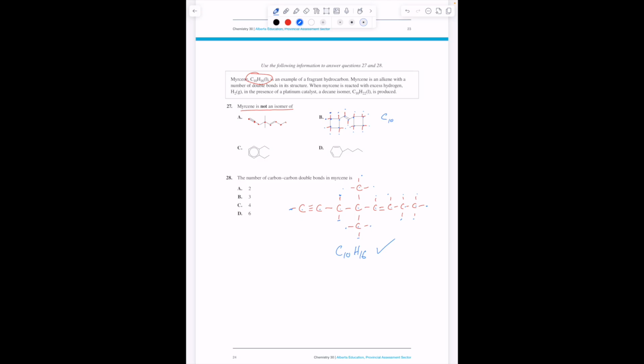1, 2, 3, 4, 5, 6, 7. It's going to get confusing. I've got too many blue dots. Okay. 1, 2, 3, 4, 5, 6, 7, 8, 9, 10, 11, 12, 13, 14, 15, 16. Ugh, that's an isomer.